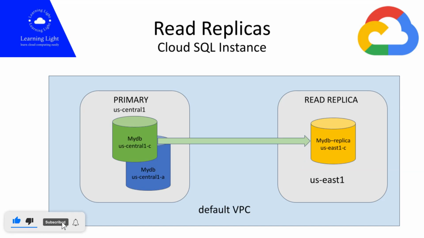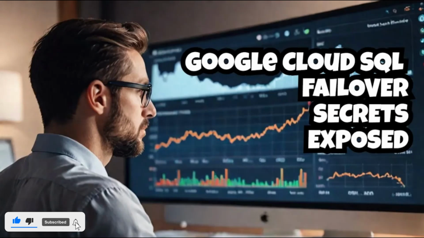Now, there is another concept of replicas which we are going to explore in this lecture. If you have missed the earlier videos where we discussed highly available database instances with failover features, please watch that video. We highly recommend you watch that video.